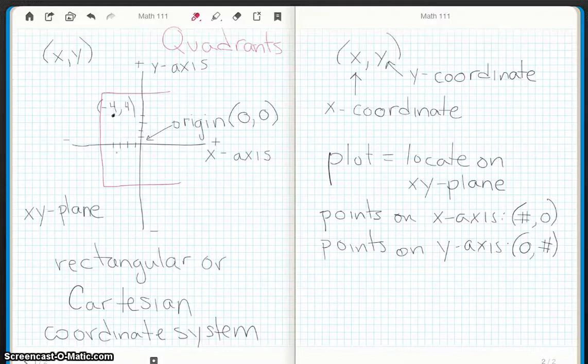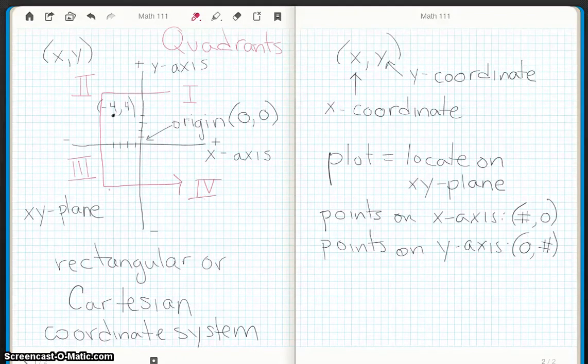I would move around that way, and that's the order we label them in. We start here in this upper right quadrant, and we label that as quadrant 1. We move this direction, and we label this as quadrant 2. We move down and label this as quadrant 3. And we move right, and we label this as quadrant 4.